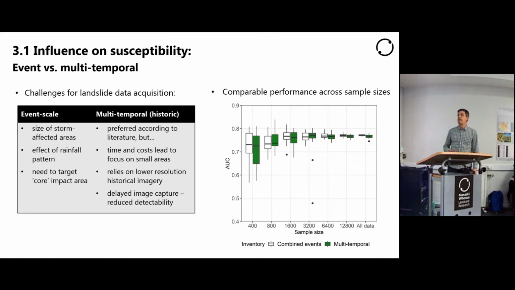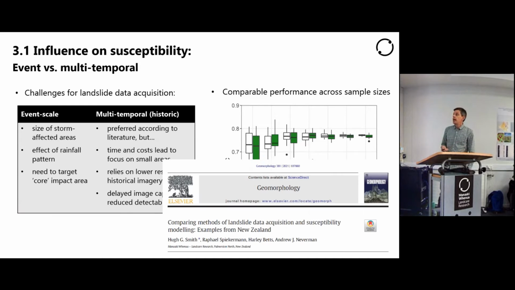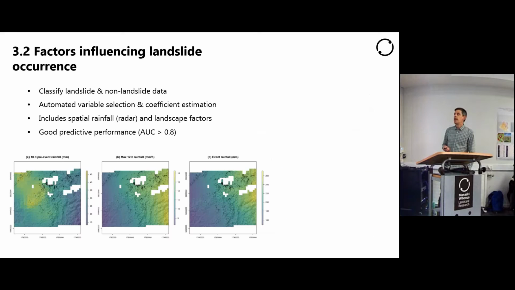In other words, event inventories can form a reasonable and sound basis for modeling landslide susceptibility if collected with a targeted approach to those core impact areas. So that's a key message that differs from what's been reported in the literature, and that's been published years ago.